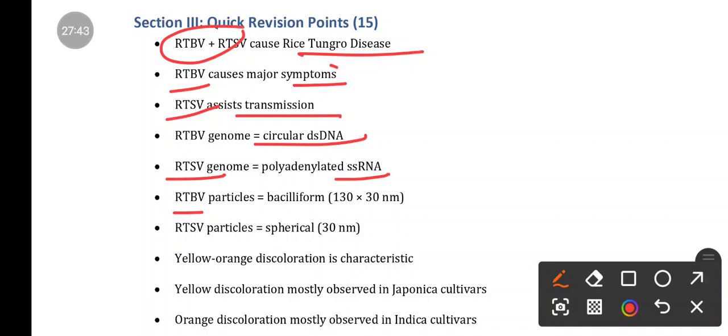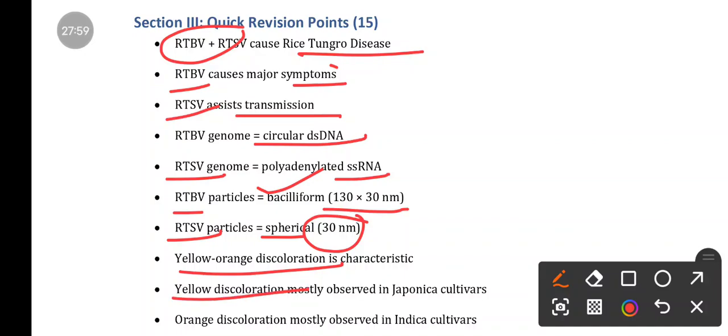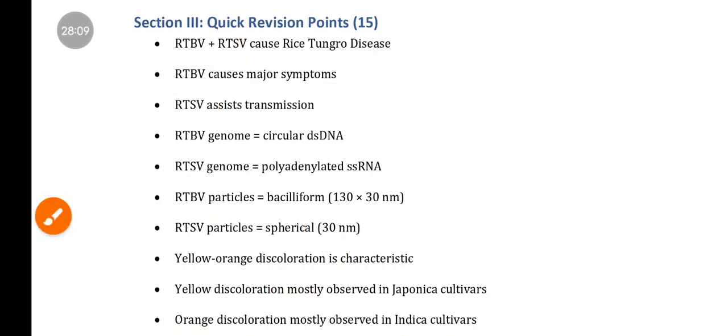RTBV particle size is 130 by 30 nm, bacilliform in shape. And RTSV is spherical with 30 nm diameter. The characteristic symptom is yellow to orange discoloration.